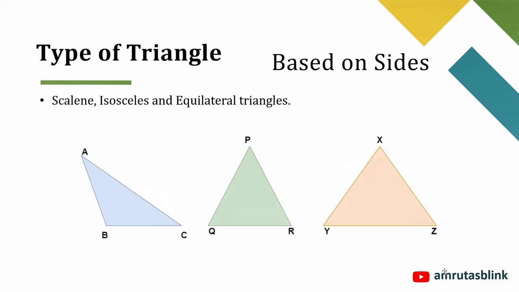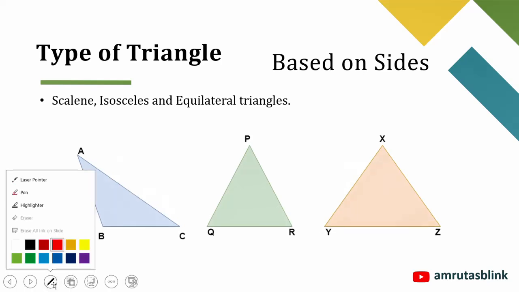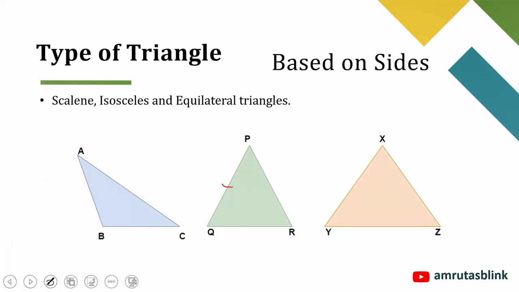In isosceles triangle, if any two sides of the triangle are equal, then it is called an isosceles triangle. For example, side PQ is equal to side PR. And the third type is equilateral triangle, where all three sides of the triangle are equal. So side XY is equal to side YZ is equal to side ZX.